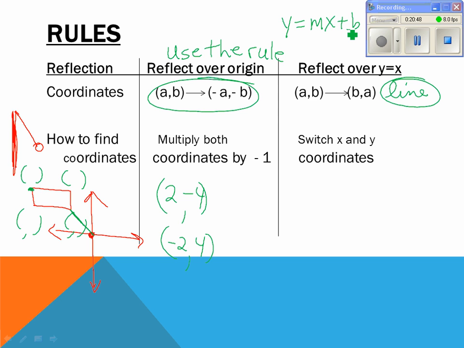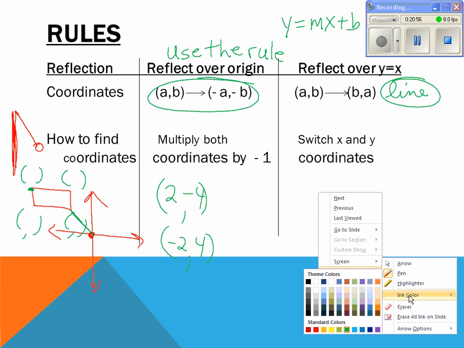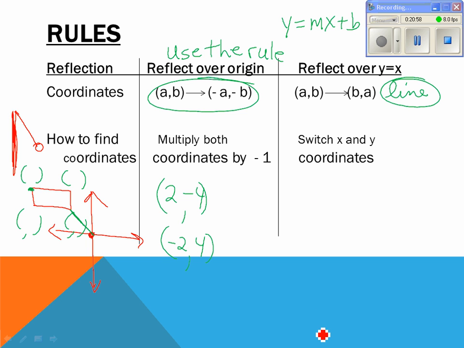It is in slope-intercept form. But what's sort of missing? The b. Well, what is b in this case? 0. What's the m in this case? 1. So it's in slope-intercept form, and it's a line.